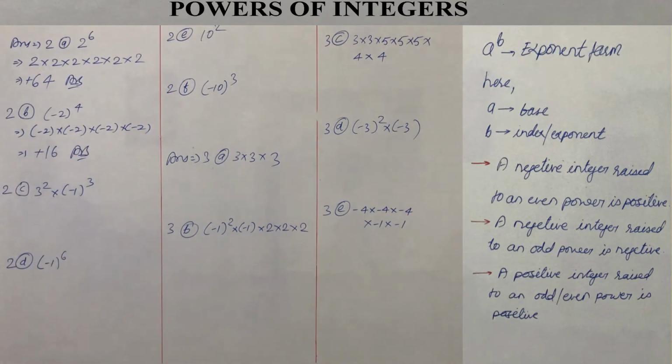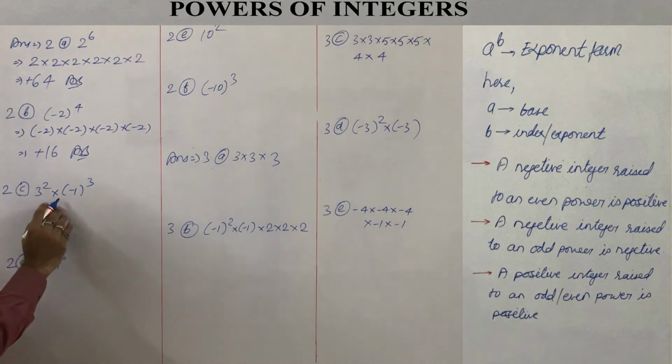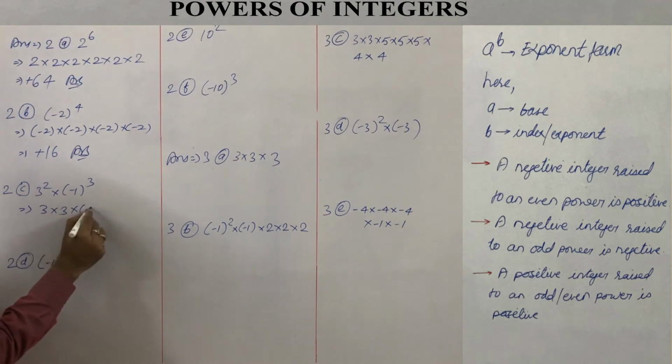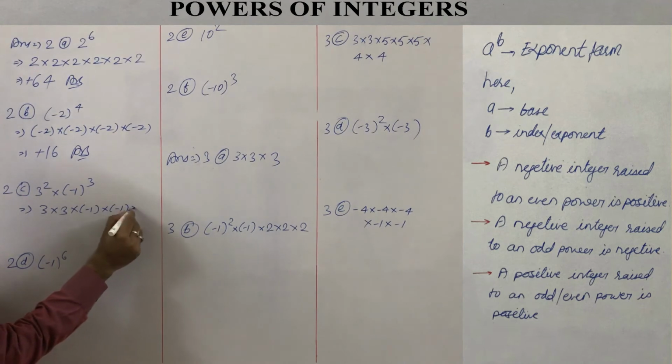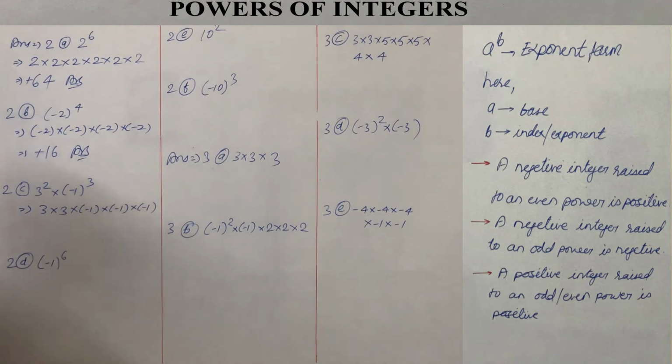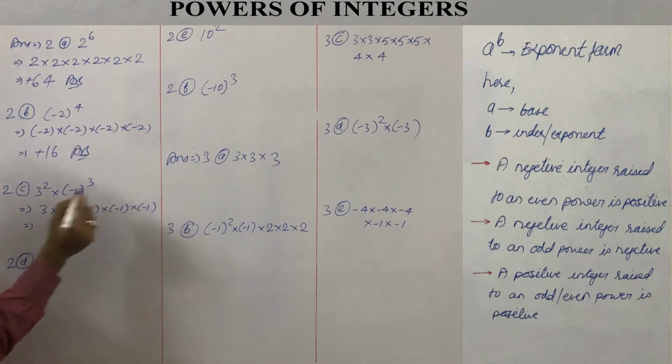Part C, square of 3 multiplied by minus 1 to the power of 3. So square of 3 means 3 into 3, 3 to the power of 2, into minus 1 into minus 1 into minus 1. So 3 into 3 is 9, 9 into 1 into 1 into 1, numerically 9.